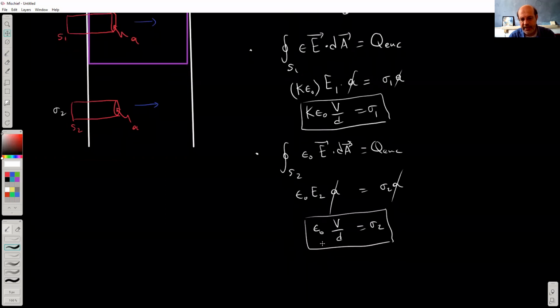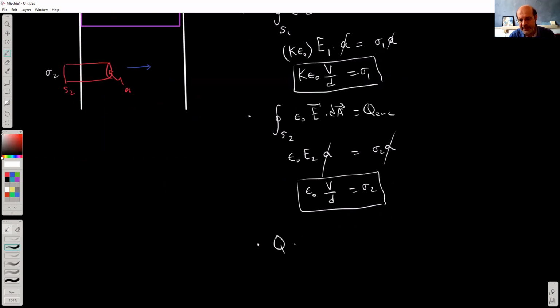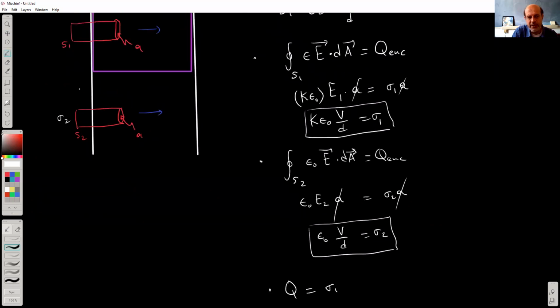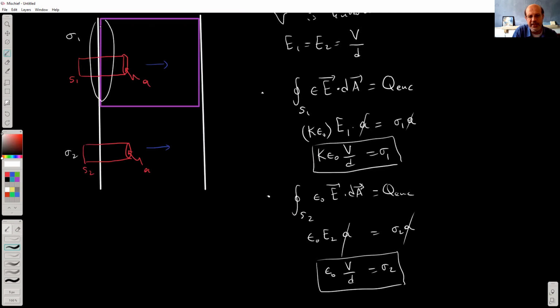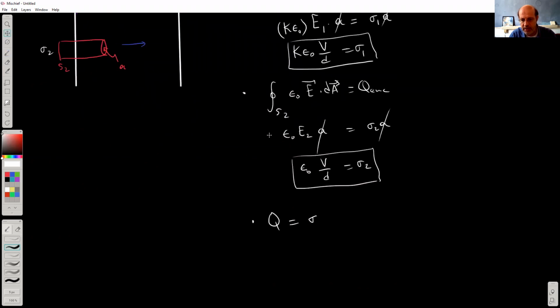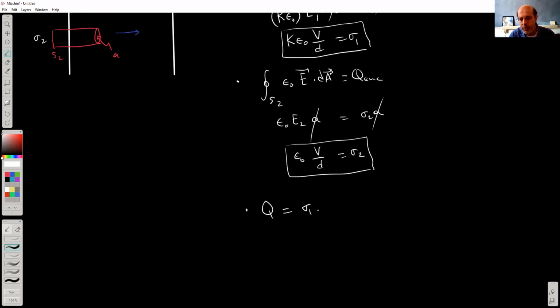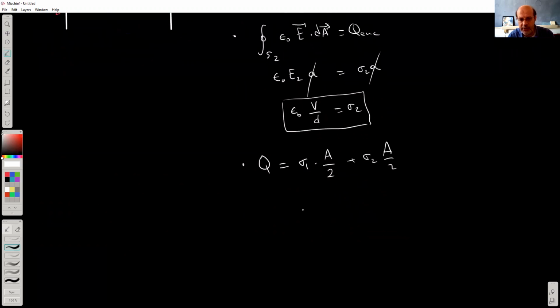And I know that these surface charge densities make up the whole charge. So the charge on the positive plate is the total charge in here plus the total charge in here. What did I do wrong? So this is sigma 1 multiplied with A over 2 plus sigma 2 multiplied with A over 2. And I do the rest of the calculation. Sigma 1 is K epsilon 0 V over D, A over 2.